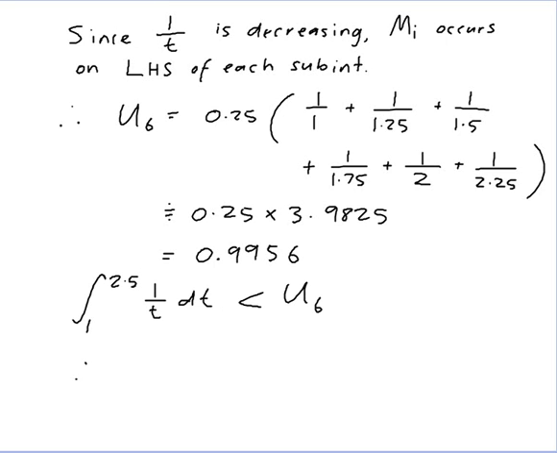And so therefore the integral from 1 to 2.5 of 1 on t dt is less than 0.9956, which interestingly is less than 1. So perhaps I should look up what the definition of e is, and this will help me to actually figure out why this is useful.